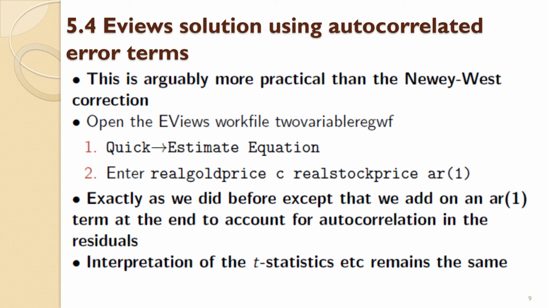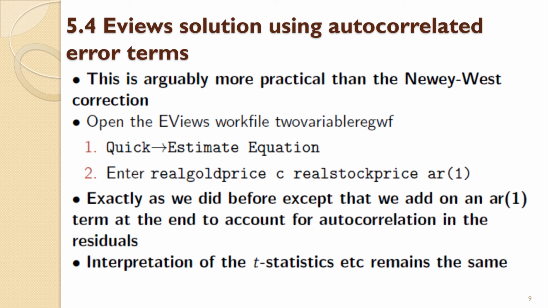So with the eViews workfile that's on Canvas, you set up the regression as normal, quick equation, and then enter real gold price, C, real stock price, but in this case, after the real stock price, you need a space and then AR(1), which specifies an autoregressive term of order 1 to be fitted to the residuals. So this is exactly the same as we've done before with the regression examples, but we've now added an additional AR(1) term precisely to account for autocorrelation in the residuals.